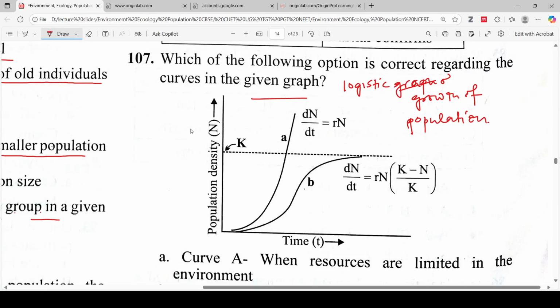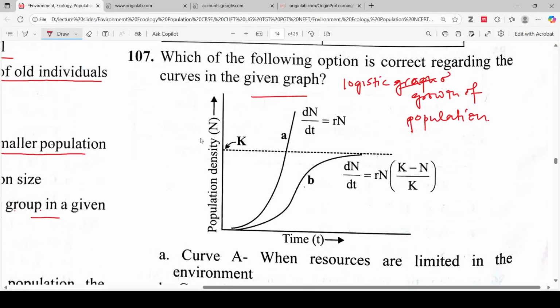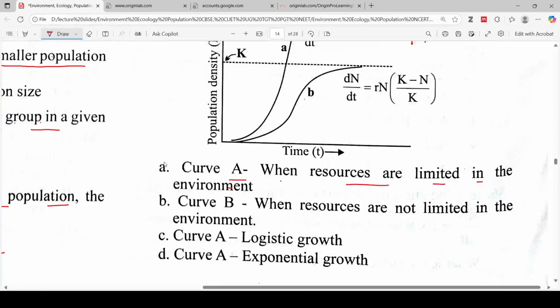So we read curve A: when resources are limited in the environment. No, this is not correct. Now curve B: when resources are not limited in the environment. Curve A is logistic growth, curve B is exponential.